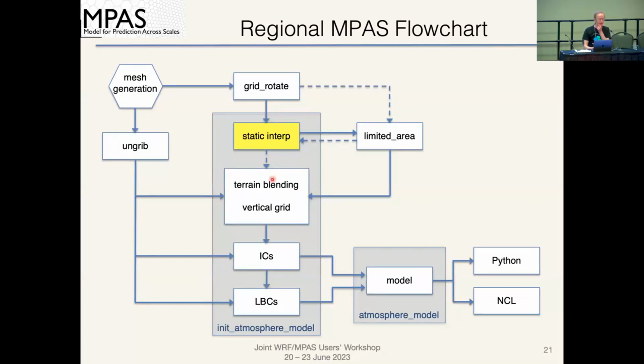The next thing that in principle we want to do is to blend the high resolution terrain that we just interpolated with the terrain that's going to be used for our first guess data set. The idea is that we don't want to do vertical extrapolation of atmospheric fields along the boundary because that tends to lead to poor boundary conditions. What we'd like is for the terrain along the boundaries to exactly match the terrain in our driving data set. So that's what's happening with this terrain blending.